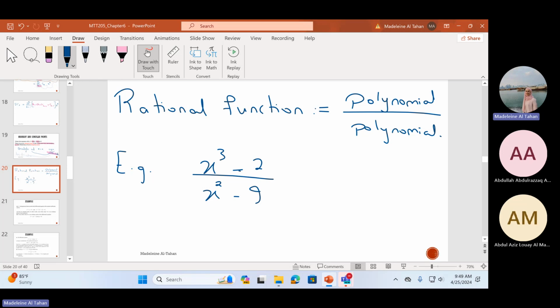What do we call this one? Rational. Why? Because we have a polynomial up and a polynomial down. What if I have radical x over x squared? Is it a polynomial? Is it a rational function? Radical x over x plus 1, is it rational? To be rational, we need a polynomial in the numerator and a polynomial in the denominator. Is it rational? Why not? Radical x is not a polynomial. Any questions?